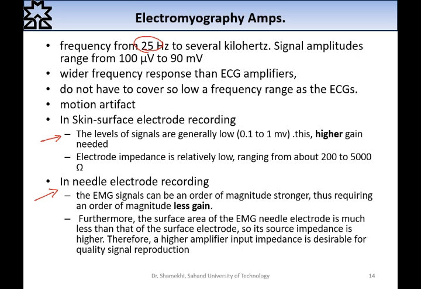So its source impedance is higher, therefore a higher amplifier input impedance is desirable for quality signal reproduction. The area of the electrode is small, therefore we need an amplifier with higher input impedance to be compatible with the high input impedance of our source.